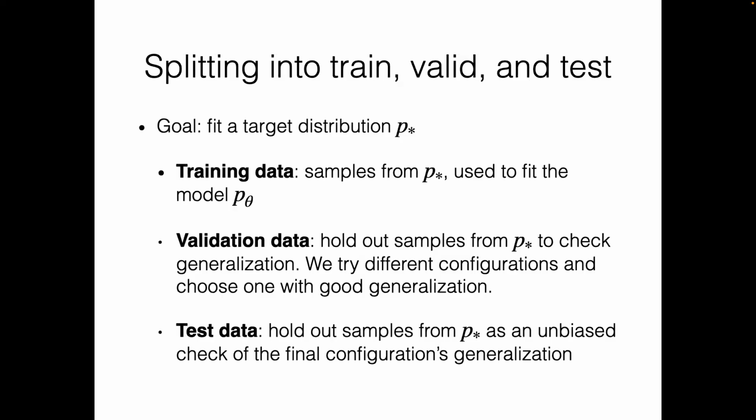Here you hold out another sample, and you use this as an unbiased check of the final configuration. If you start using the test data to design your system, it defeats the purpose. You'll hear the term overfitting to the test set. That's when you're using the test data in the process of designing your model or setting its hyperparameters, etc.